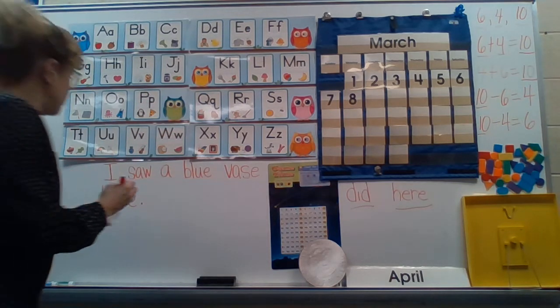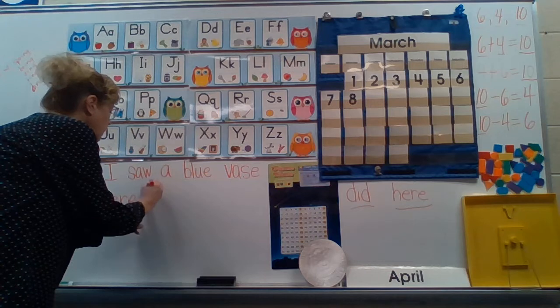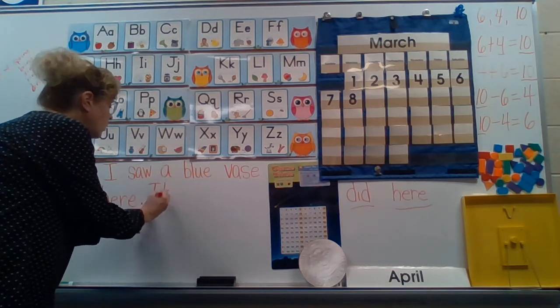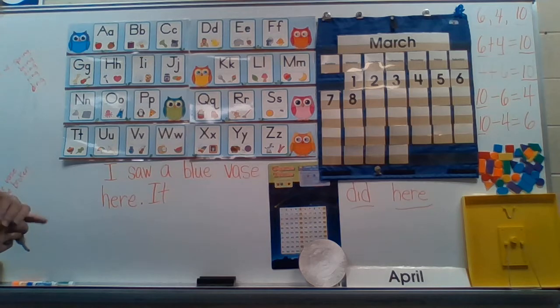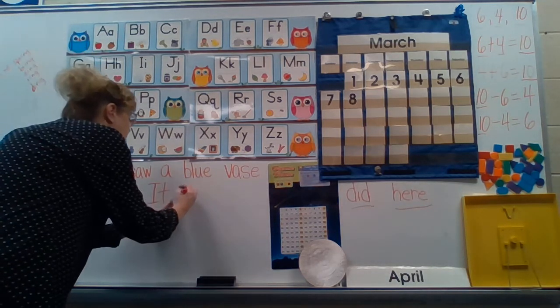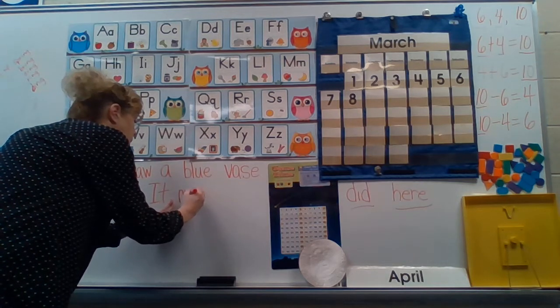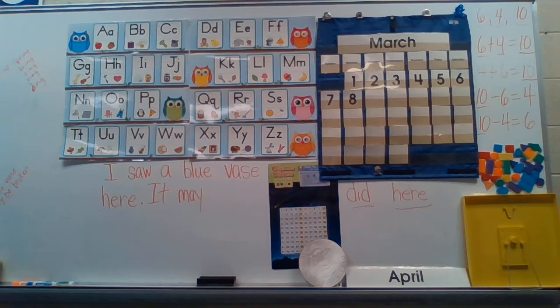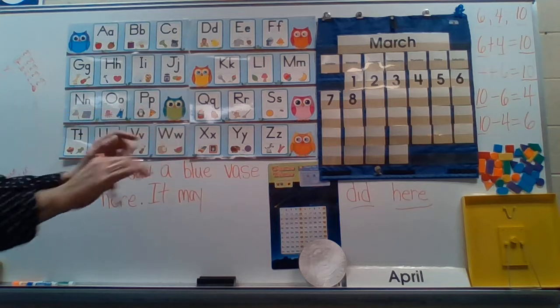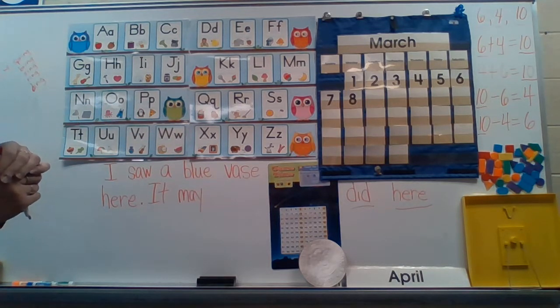Okay? It, first word, capital I-T. Now when we say it, we're talking about the vase. May is M-A-Y. And then we're going to use the sight word from last week, be. Remember, it's not the bzz, B-E-E kind of be. It's just B-E.